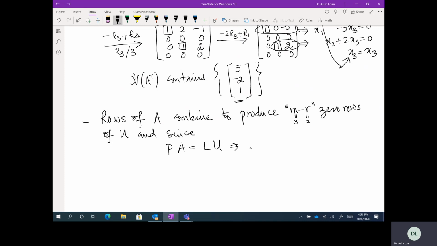PA is equal to LU. This implies L inverse PA equals L inverse LU.